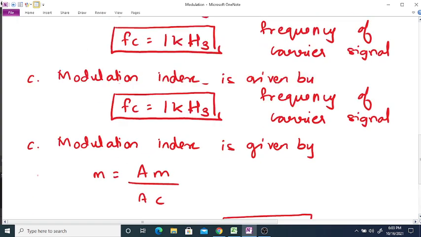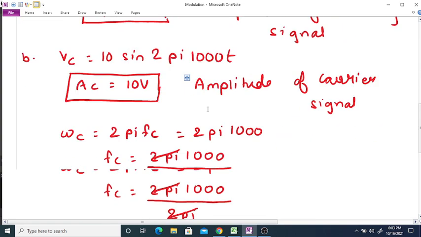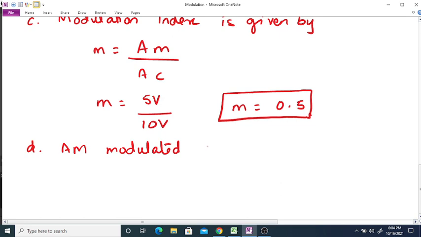Now, in part D we have to determine the AM modulated signal, that is, the amplitude modulated signal.